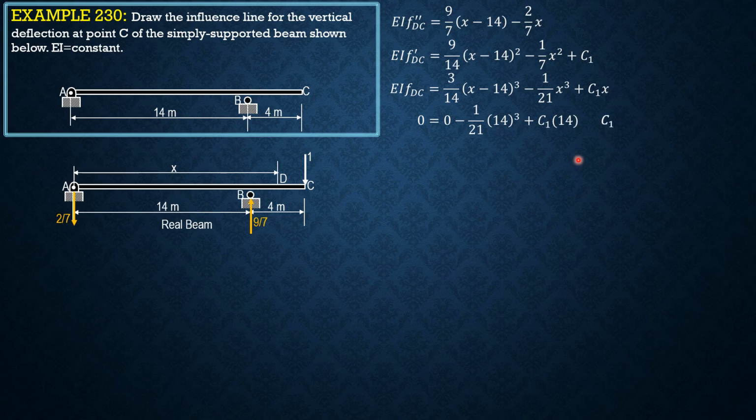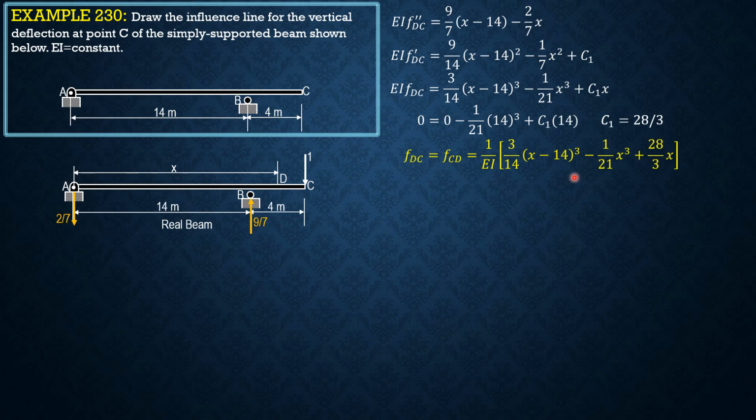So C sub 1 is equal to 28 over 3. Therefore, FDC, which is equal to FCD, is 1 over EI times the quantity 3 over 14 times (x minus 14) cubed minus 1 over 21 x cubed plus 28 over 3 x.